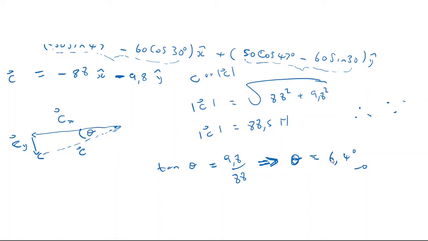And then you just say the vector c is 88.5 newtons, 6.4 degrees below the negative x-axis if you want. Or you could say you had to go west and then south, so this is south of west. So you could do that.